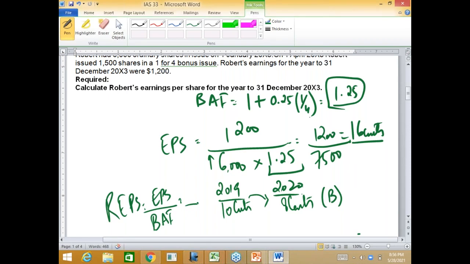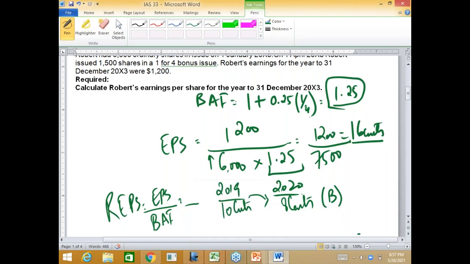You need to compare the current year's EPS with the previous year's EPS, and for this the policies and procedures must be the same. So you simply need to divide the previous year's EPS by the bonus adjustment factor.